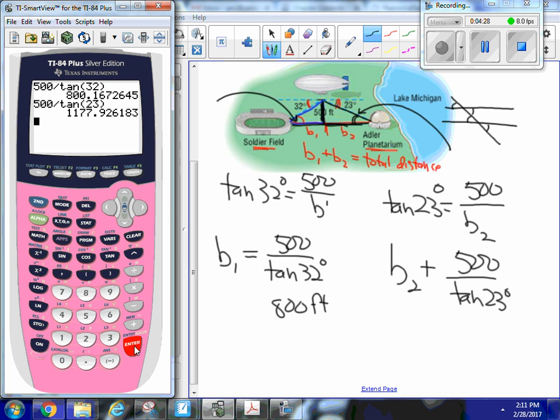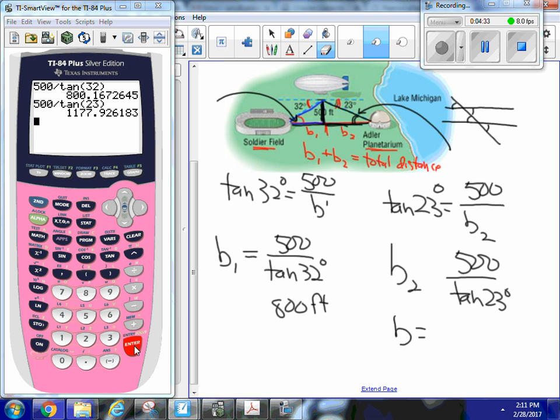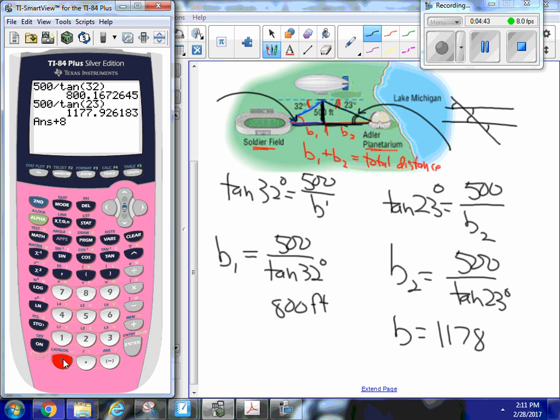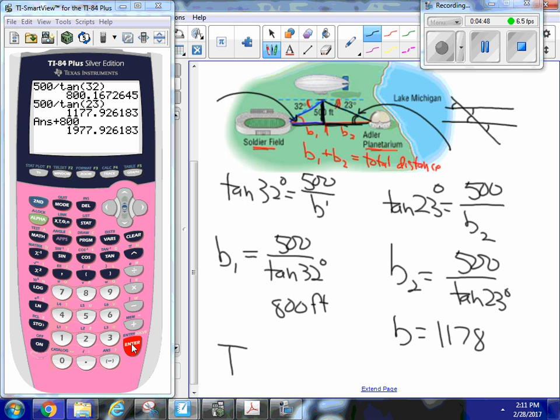So b sub 2 is equal to, that shouldn't be a plus, it should be an equals, about 1178. Well, 1178 plus 800, I get a total distance of 1,978 feet.